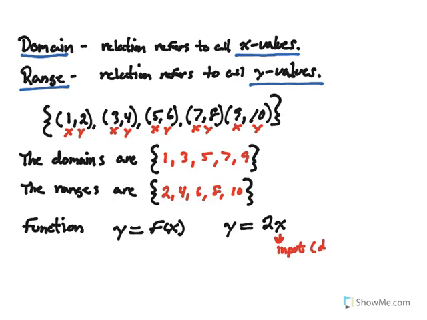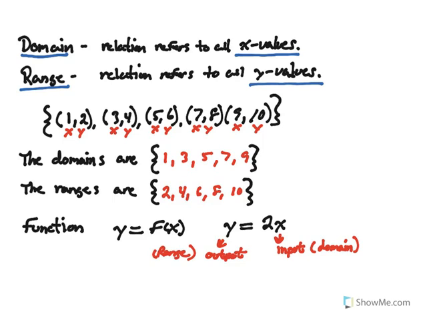And that's also known as the domain, because remember, the domain is the x value. So you can also refer to the x values as the input, while the y is going to be the opposite. It's going to be the output. And that's referred to as the range, okay? Does that make sense?